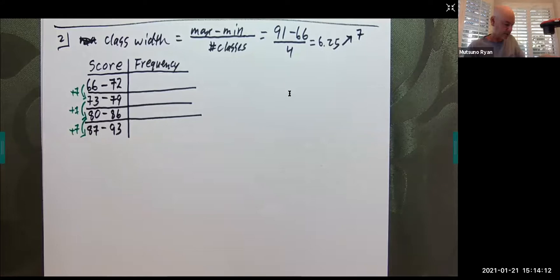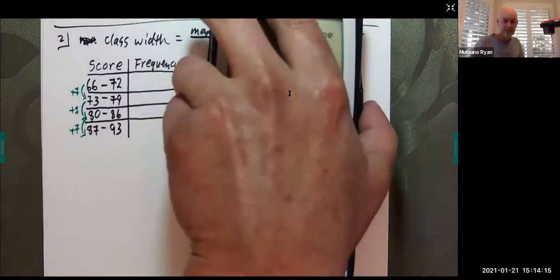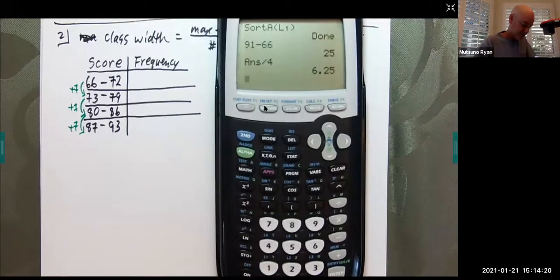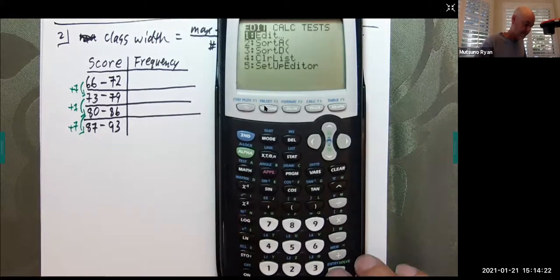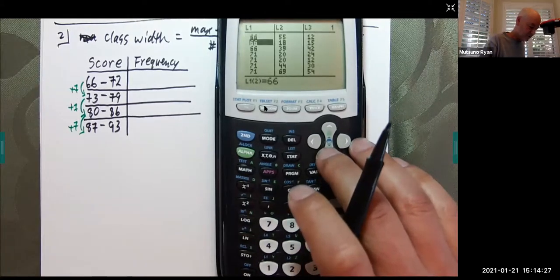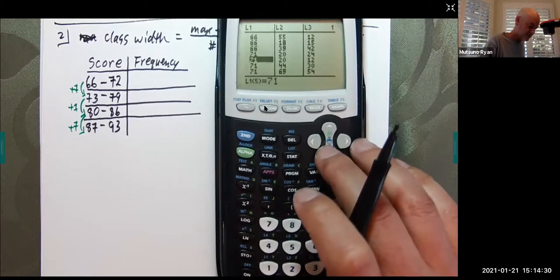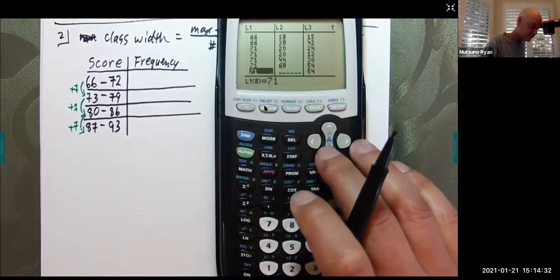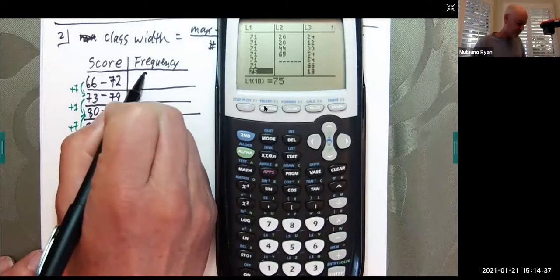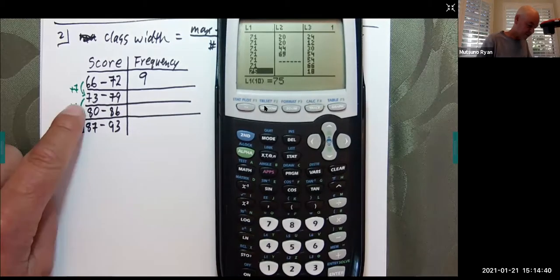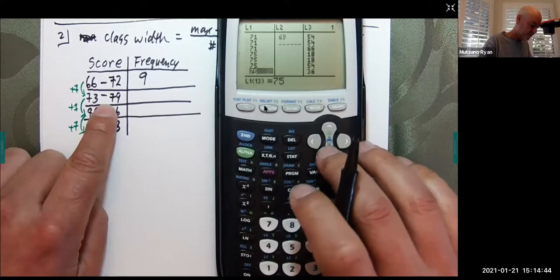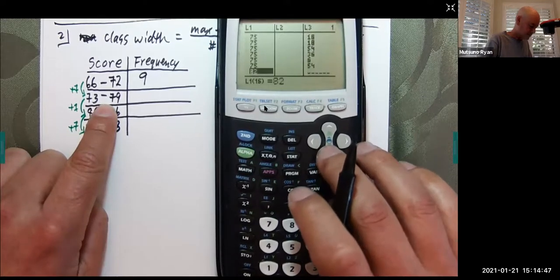Now I'm going to look on my list. Yep, we're good. Looking on my list, so stat. How many of them are between 66 and 72? I have 1, 2, 3, 4, 5, 6, 7, 8, 9. In between 73 and 79, I have 1, 2, 3, 4, 5, 6.